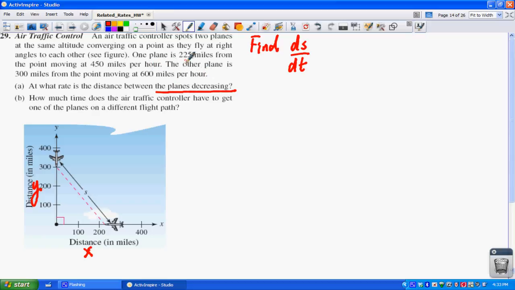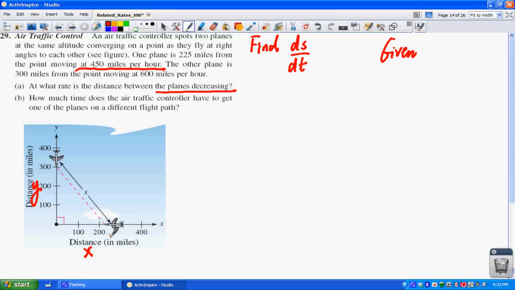There are some rates that are given to us here. One plane is 225 miles from a point and it's moving. Here's a rate of change, and you know that represents a derivative. We're given that one plane is moving at 450 miles per hour and it's 225 miles away.